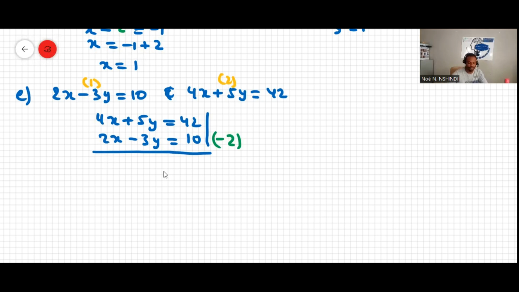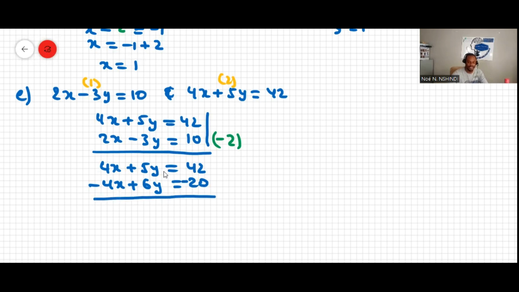So this will become 4x plus 5y equal to 42, and that's going to be negative 4x plus 6y equal to negative 20. Now, if we add equation 2 plus equation 1, this will cancel, it's going to be 0, and then 5y plus 6y makes 11y equal to 22.